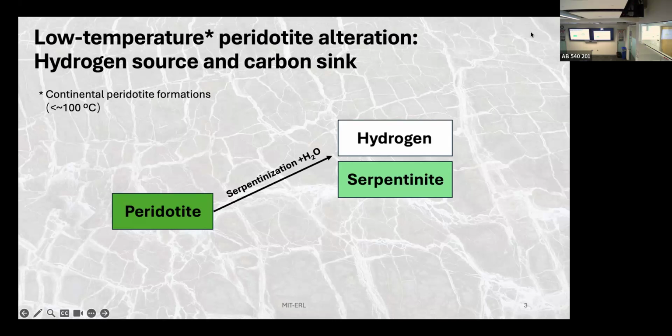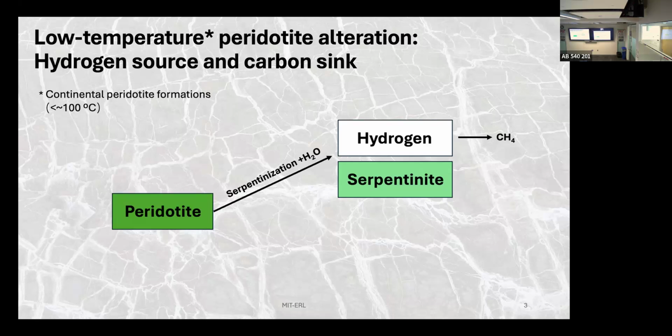The hydrogen can further react with the carbon in the formations to form CH4, methane, through both abiotic and biotic pathways. That's the reason why the gas mixtures observed in ultramafic formations are typically a mixture of hydrogen and methane.